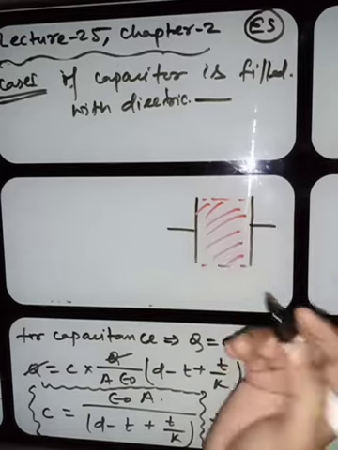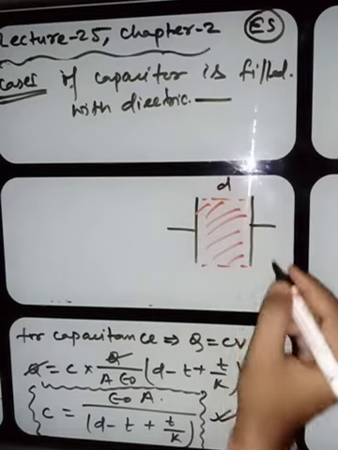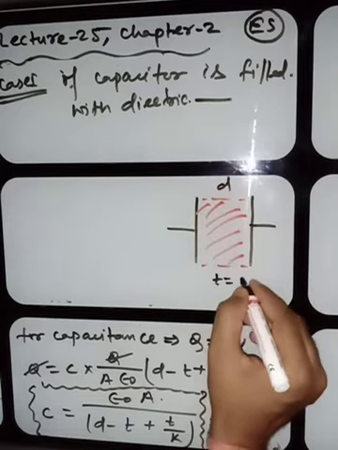So in this case, the separation is D, and T will be equal to how much?